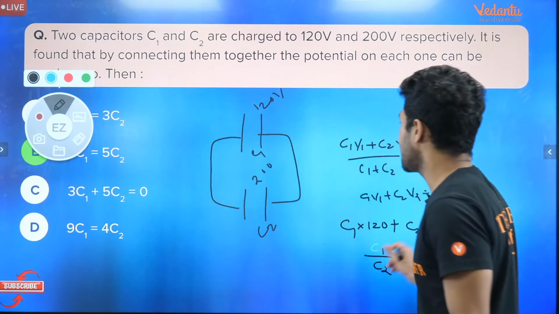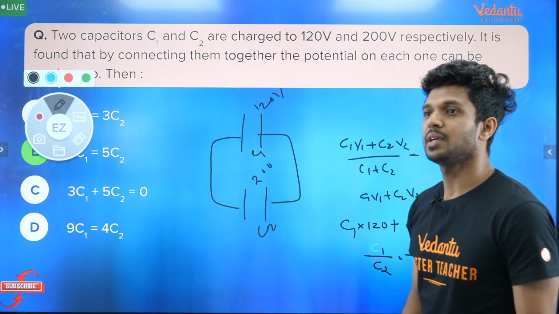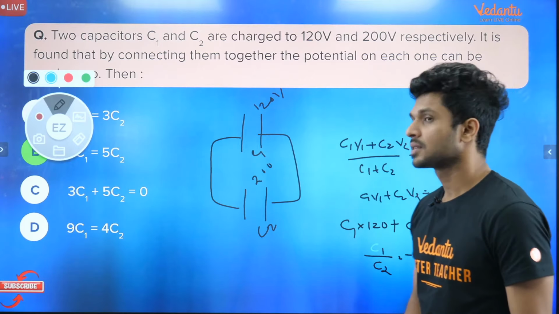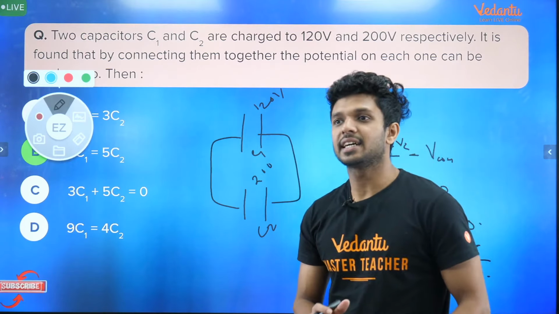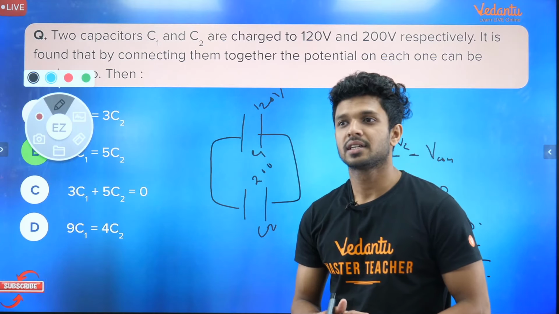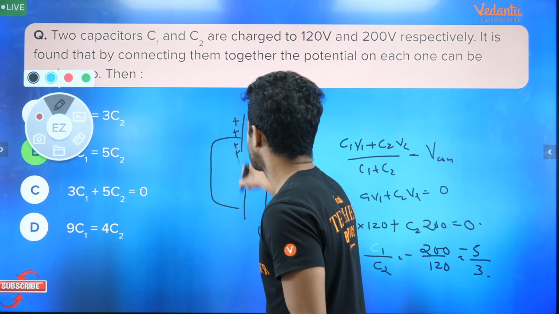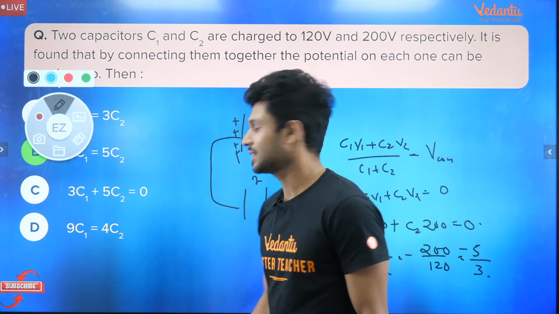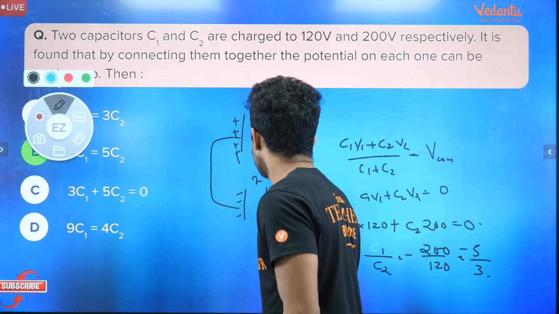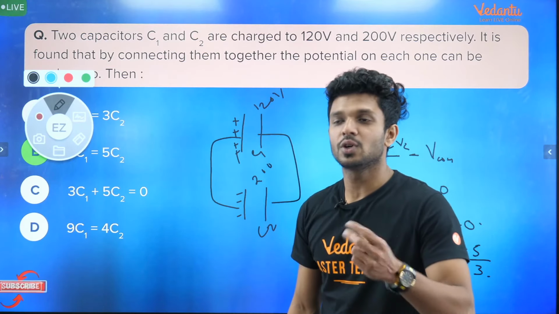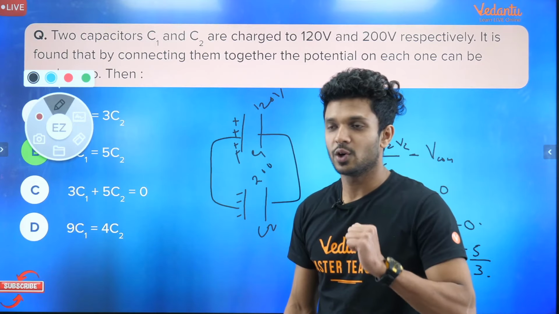So what does this minus sign correspond to? Can anyone tell me? It corresponds to the positive of the cell being connected to the negative over here. Fine.